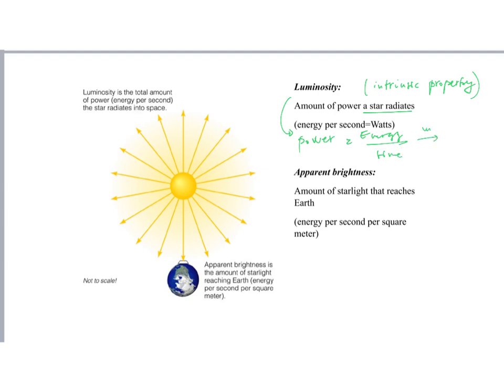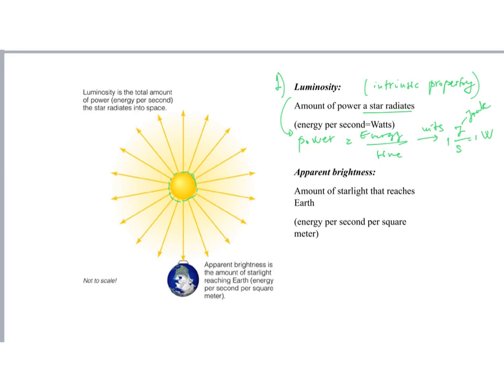And so the units are going to be joules per second, or watt. 1 joule per second is a watt. Okay, so that's one thing. It has to do, again, with how much power is emitted at the surface of the star.